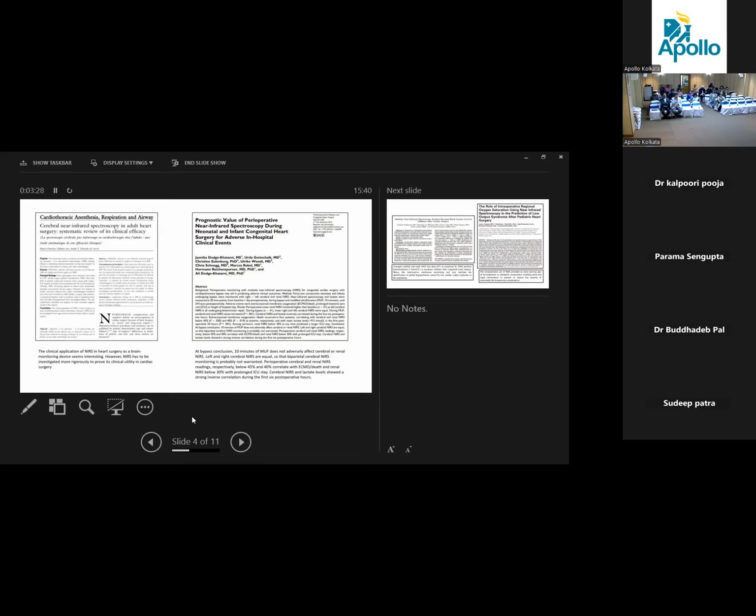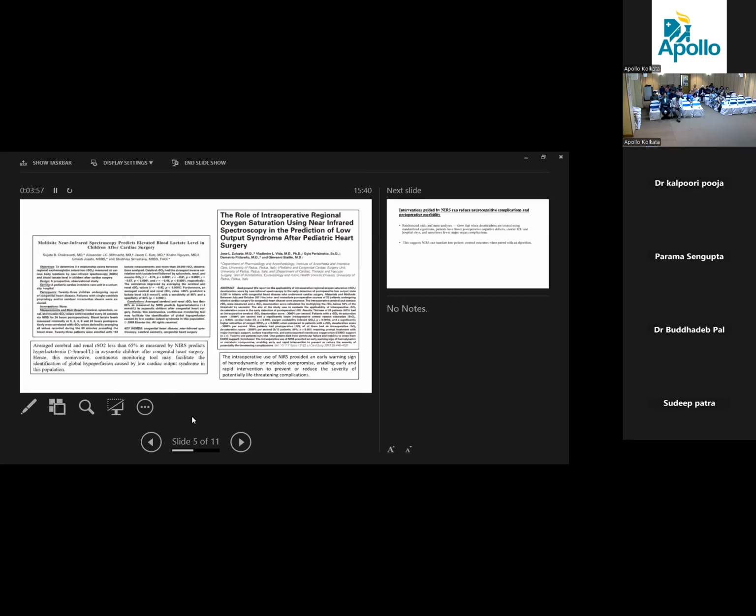Left and right cerebral NIRS are equal, so biparietal cerebral NIRS monitoring is probably not warranted. Perioperative cerebral and renal NIRS readings below 45 and 40% respectively may lead to ECMO or death, and renal NIRS below 30% may correlate with prolonged ICU stay. Cerebral NIRS and lactate levels have shown a strong inverse correlation during the first 6 postoperative hours.